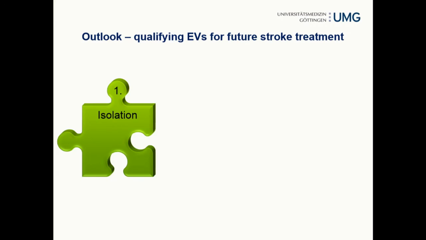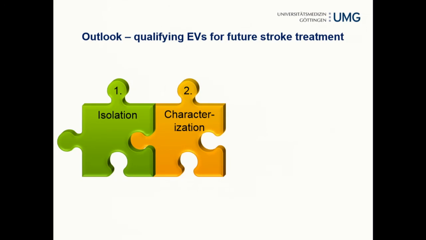But before we do that, and this is my last slide, there are many questions to be answered. First of all, we don't really know what the optimal isolation procedure for EVs is. There are many procedures that people can use. Many use ultracentrifugation techniques. We have used precipitation, the so-called PEG precipitation, for the project I was just briefly describing. The next question is then, how do we actually characterize these EVs?